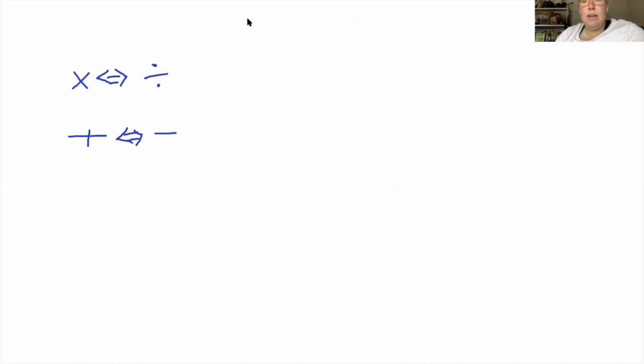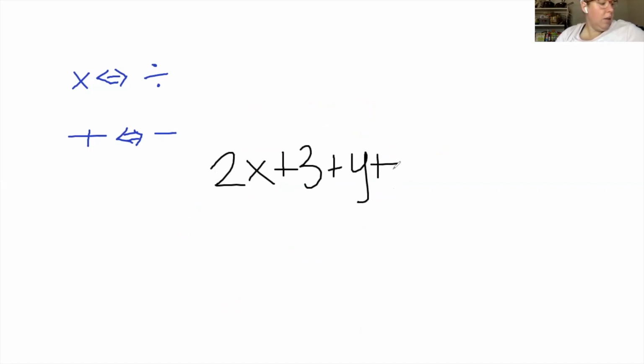What happens if I have lots of different letters, different variables? So let's say I have 2x plus 3 plus y plus 3x plus 5 plus y.